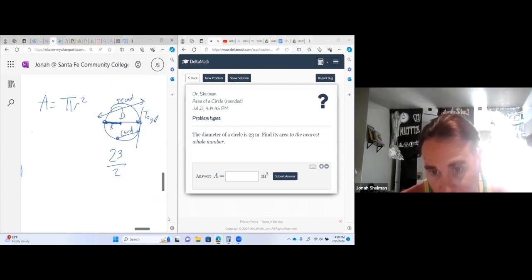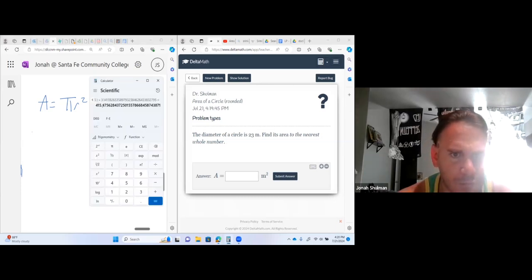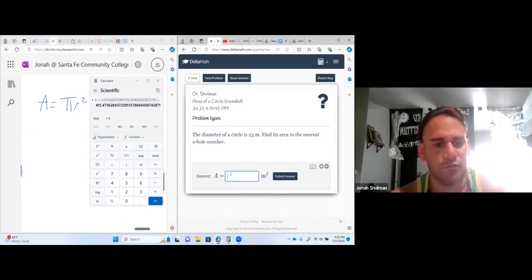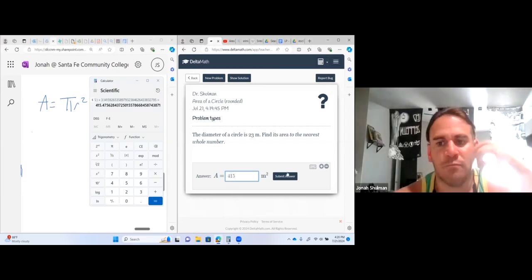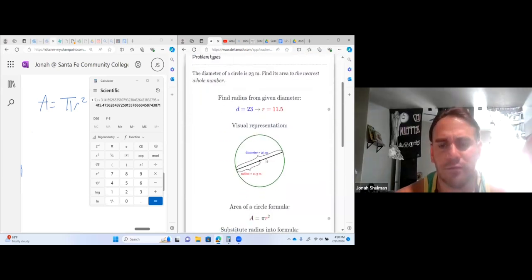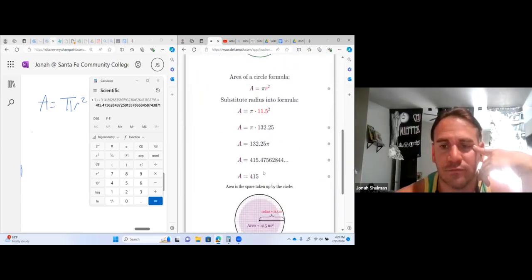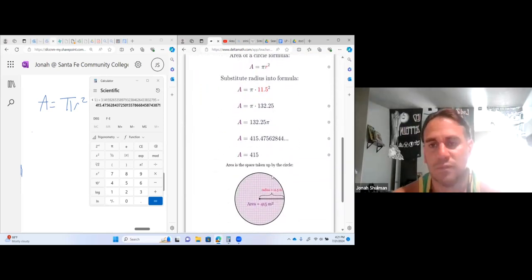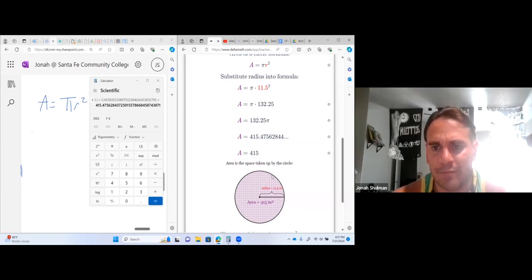It says whole number. So we have 415.47, but 0.4 doesn't make it any bigger. There's your final answer, 415 meters squared. Ta-da! You cut it in half, and it fills up the space. That's what we get.